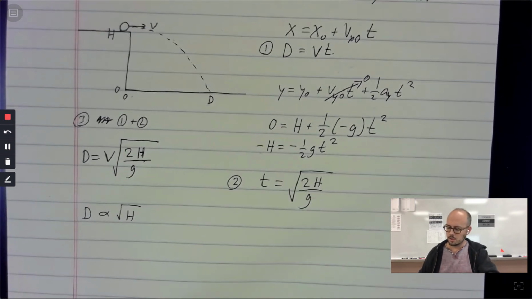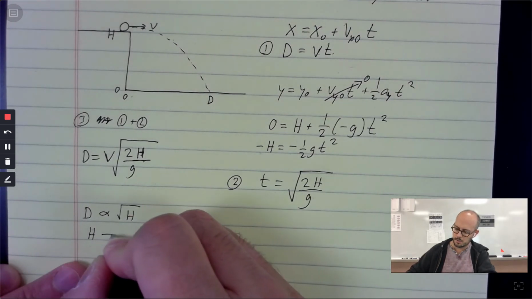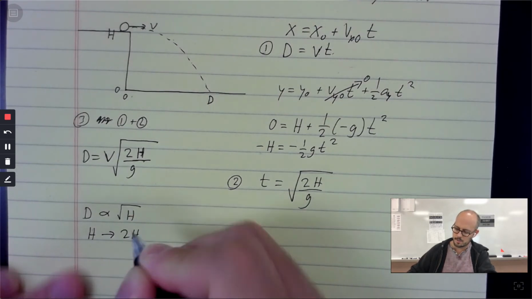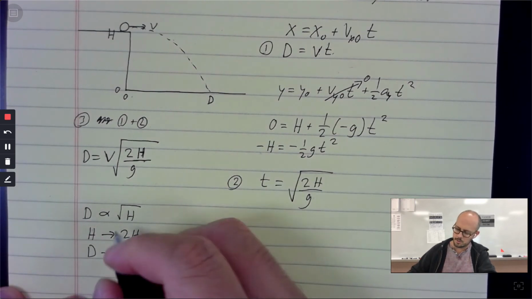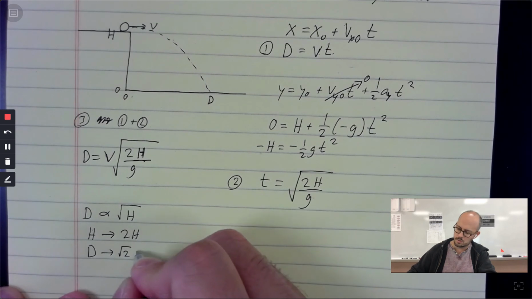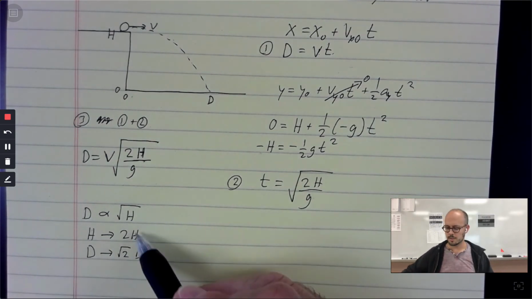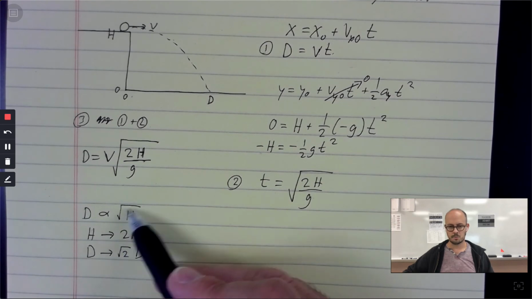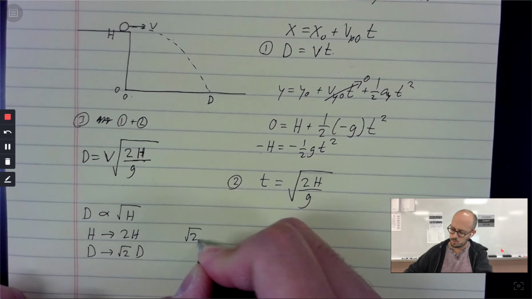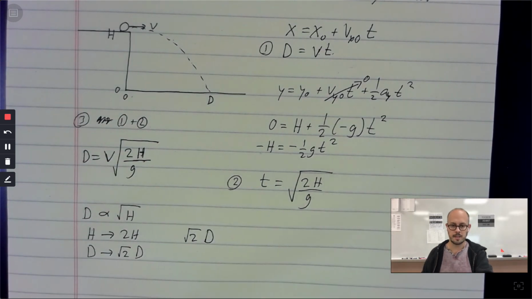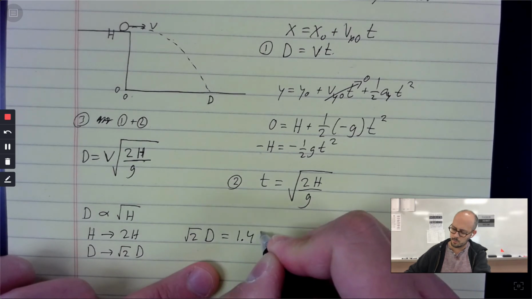And so, if the height of the table became twice the height, then the distance traveled is going to be root 2 times the original distance traveled. So whatever change you make in h, the square root of that is the change in d. Well, the square root of 2 times d would be an acceptable answer. If you wanted to get a number, you could say 1.4d.